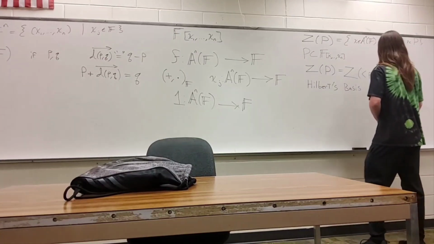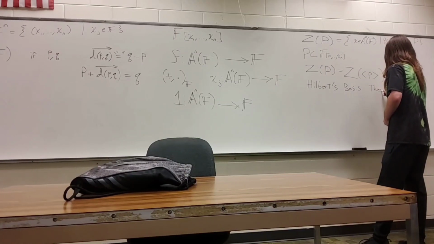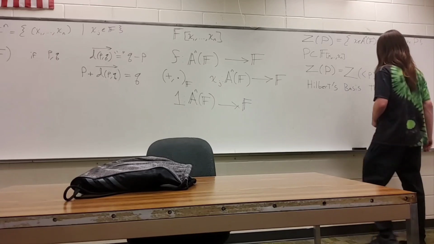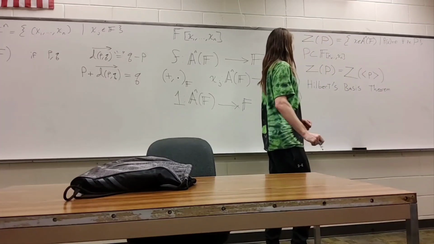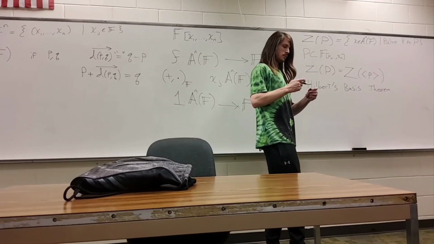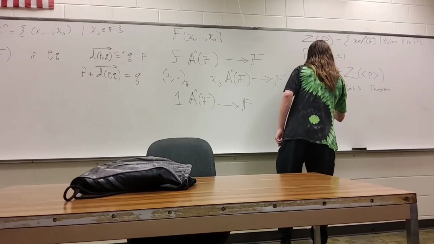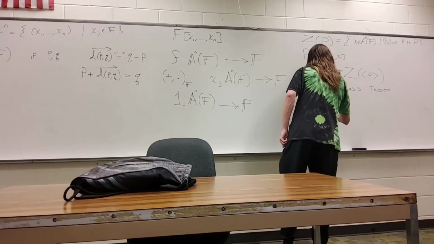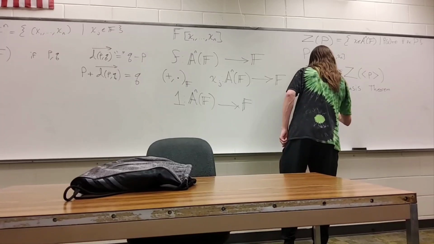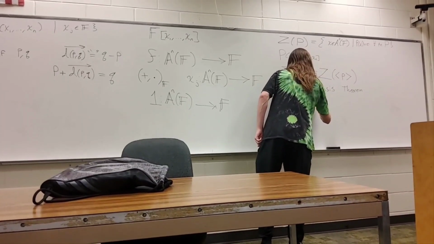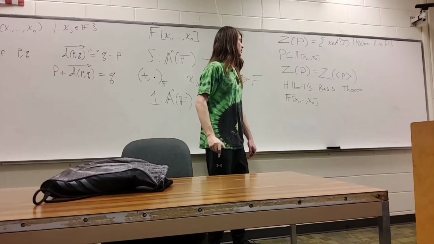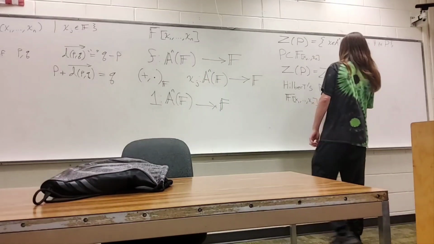So Hilbert's basis theorem, and I will give you some extra terminology. So it says that the ring of polynomials over a field with finitely many generators, like we've got here, is what we say Noetherian.